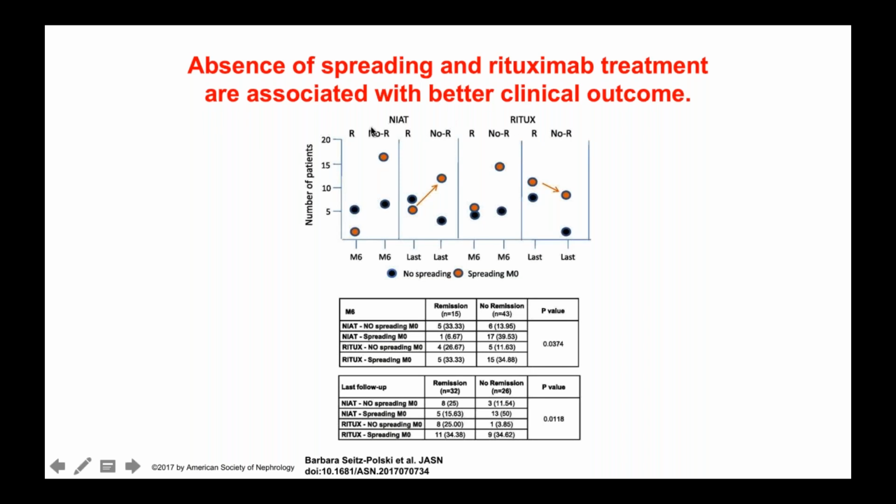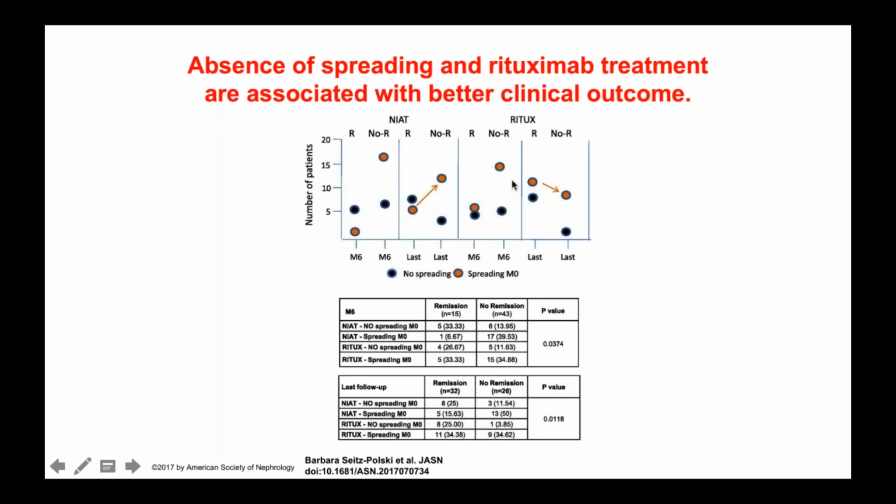So this is again data from the same paper. So here were patients who were treated with non-specific antiproteinuric therapy, and here were patients who were treated with Rituximab. And so patients who were treated only with non-specific immunosuppressive therapy, and if they had no spreading, they were likely to enter remission. Whereas if they showed spreading, they were much less likely to develop clinical remission.